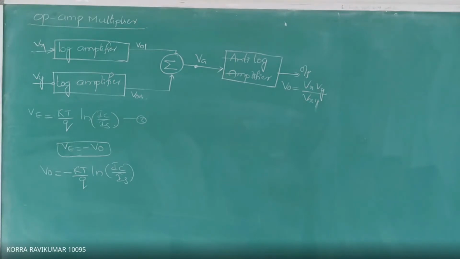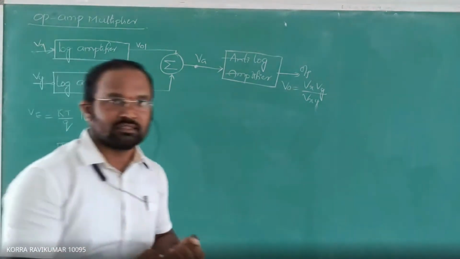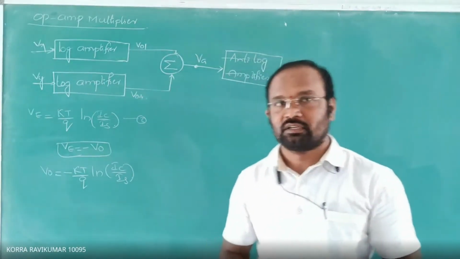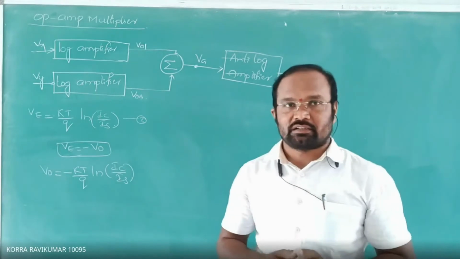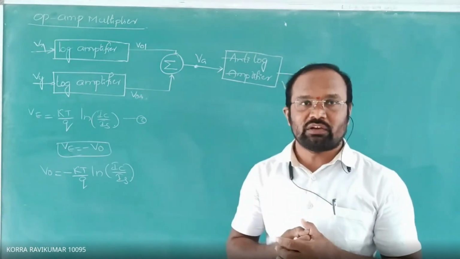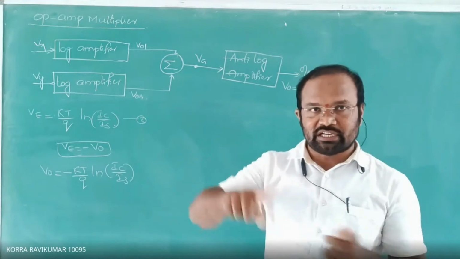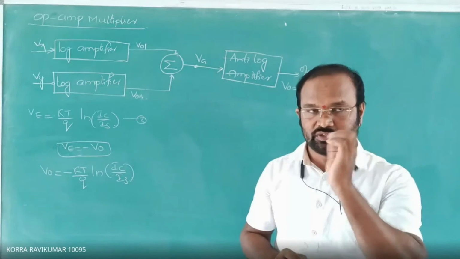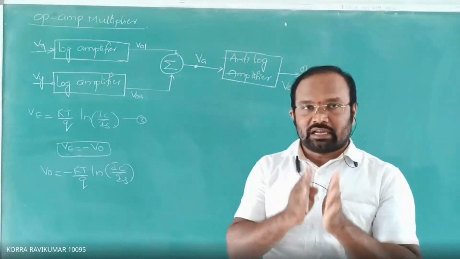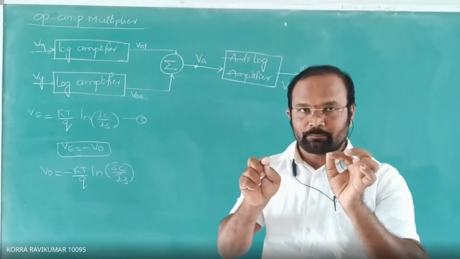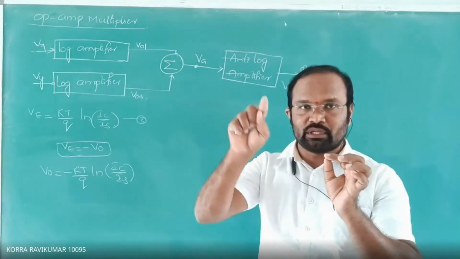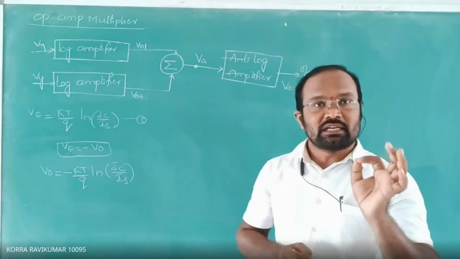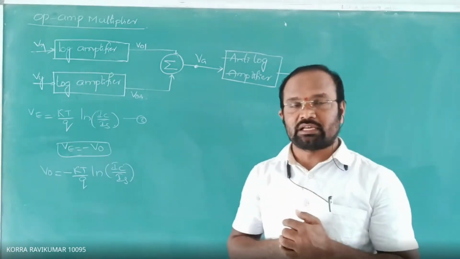What is the current flowing through the resistor R1 and into the collector terminal of the NPN transistor? That is I, that is IC, the current entering the collector terminal of the transistor. How are you going to calculate that IC current?